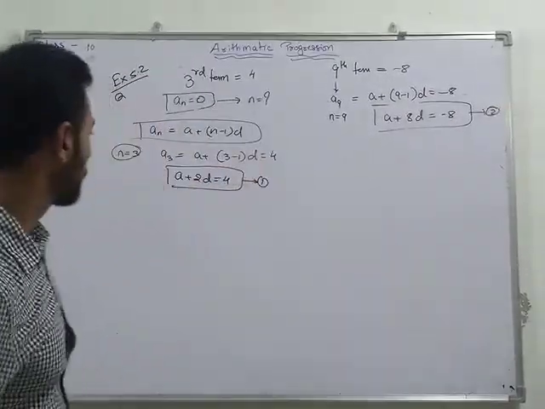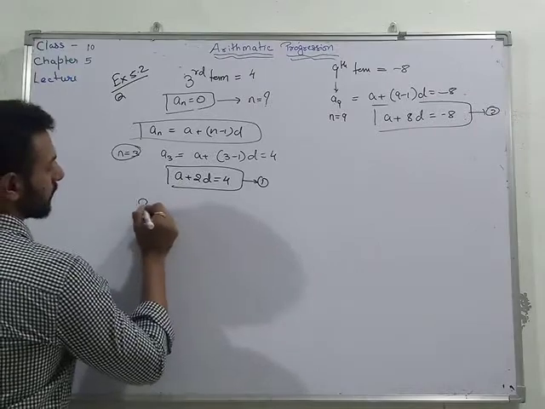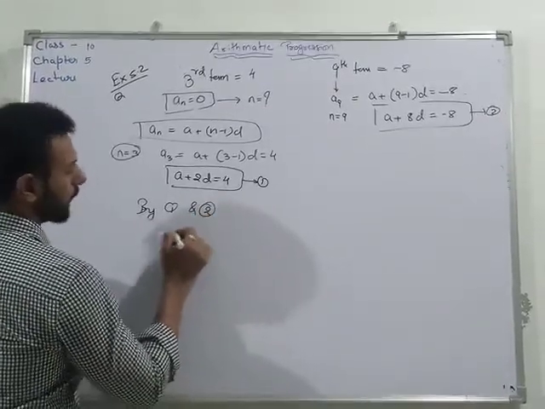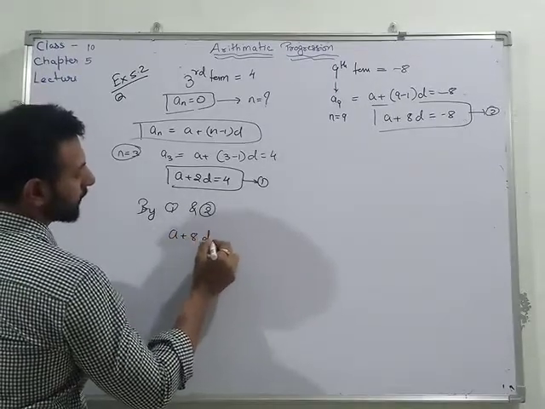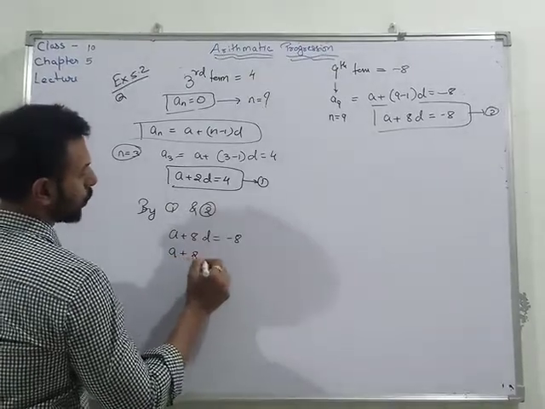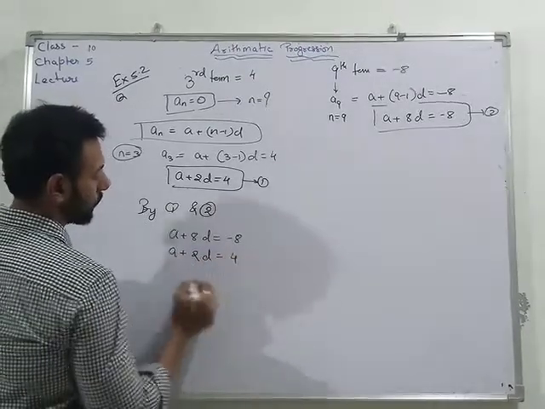By 1 and 2, A plus 8D is equal to minus 8 and A plus 2D is equal to 4.